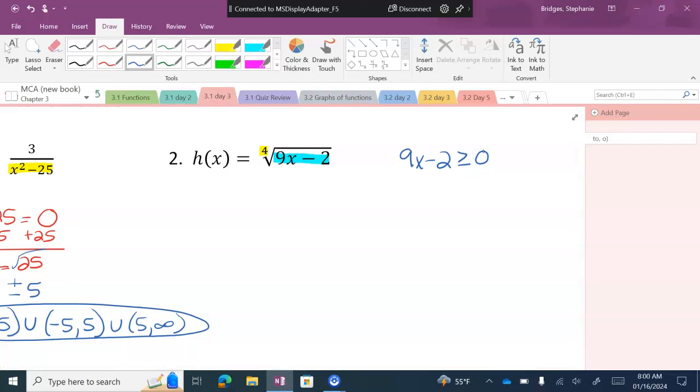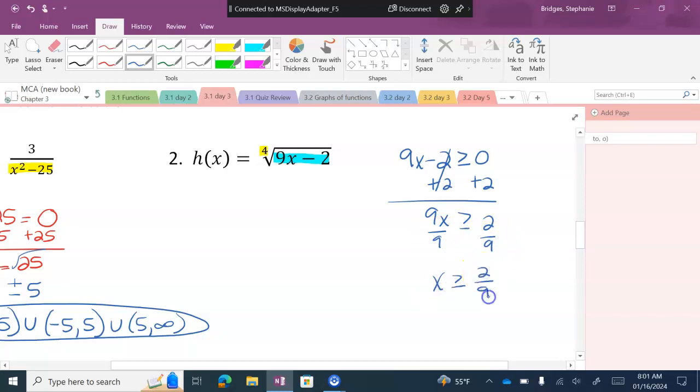So if you want to solve that for x, then we can focus on how to write the interval notation. x is greater than or equal to 2 over 9.